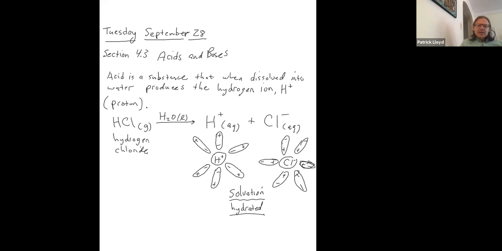Now, when an acid is dissolved into water, it's typically given a name to call it an acid. So as a gas, hydrogen chloride, we're using a naming system where you name the first element and then you name the second element and you change the ending to -ide. But once we recognize that it is an acid, we then give it a different naming system.